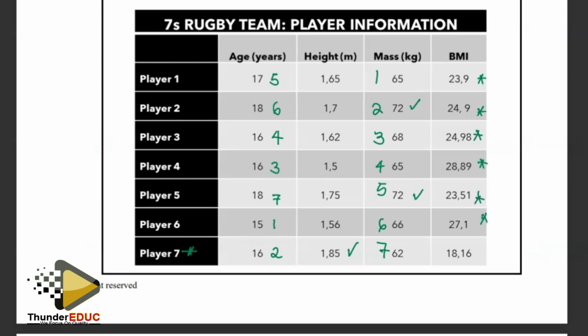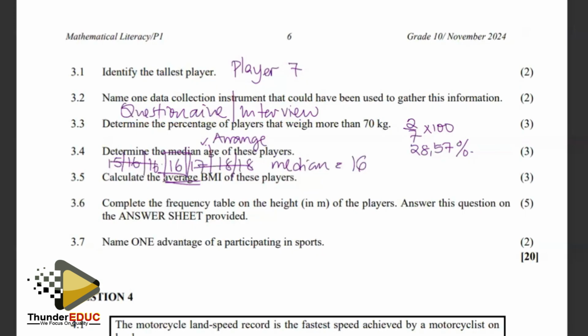When you add them all up, you end up having 171,44 divided by 7, because there are 7 numbers there. So we end up having 24, that's the answer for the average. Complete the frequency table on the height in meters of the players and answer the questions.